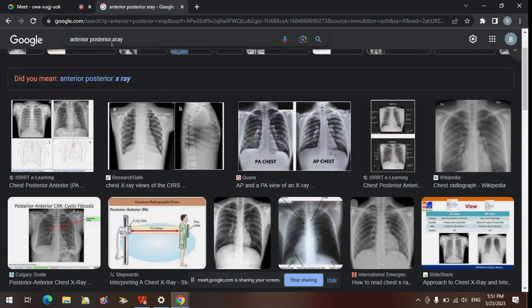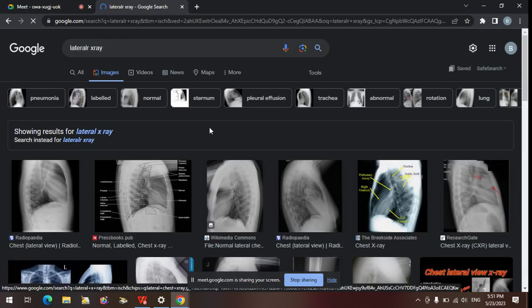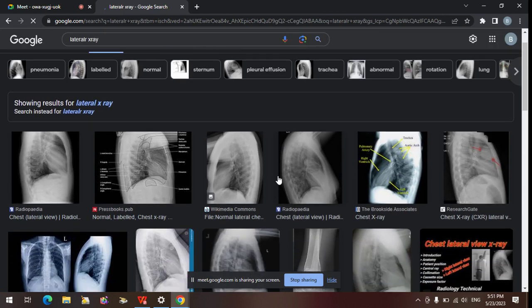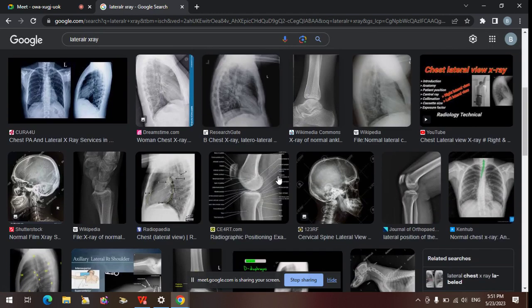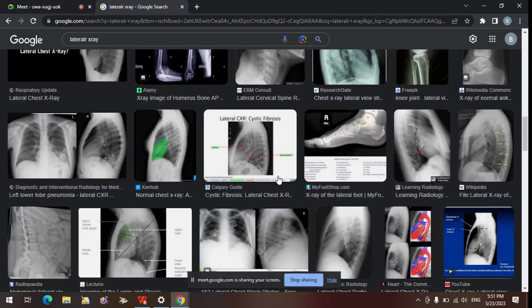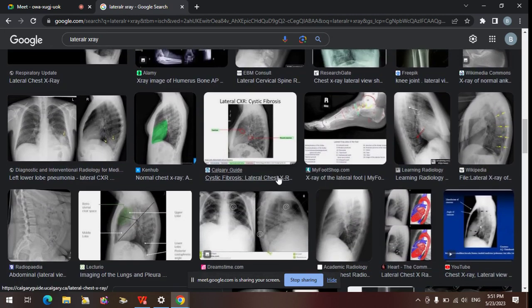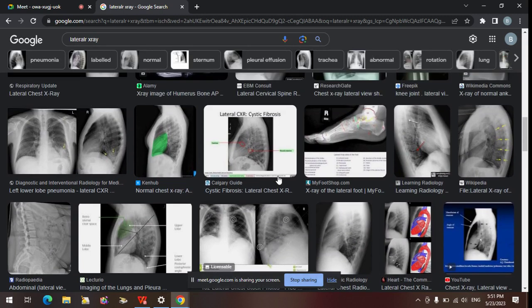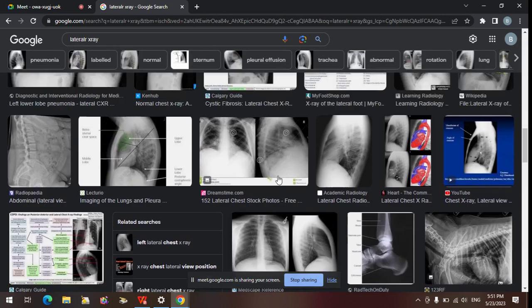Lateral X-ray. That's what I should have typed. Well, I'm not really getting anyone that is very clean.